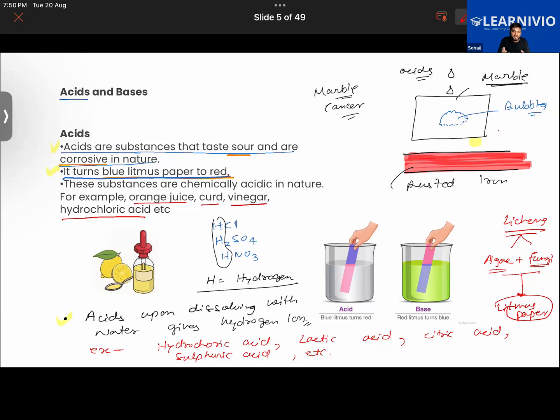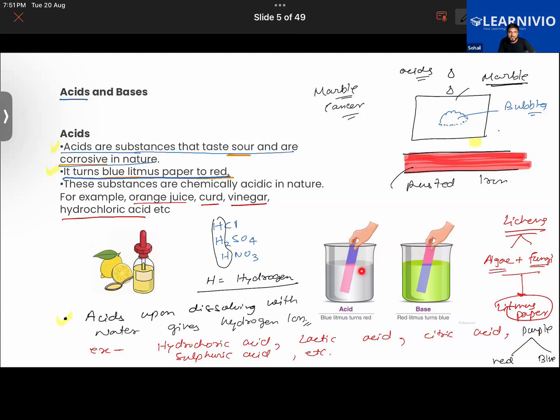Originally the natural color of litmus paper is purple, but it is later on dyed into two colors, namely red and blue. As you can see over here, the blue litmus paper and the red litmus paper.